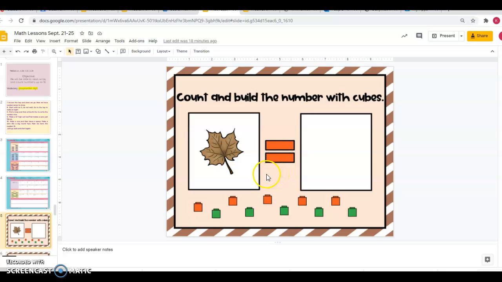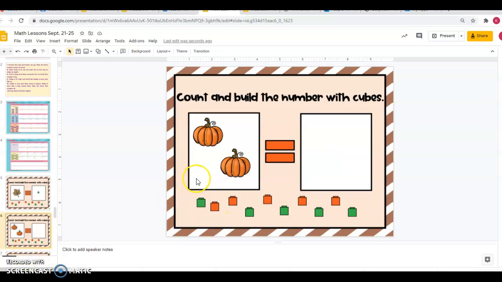So I'm going to pull the number of cubes down here that match this number of objects. I'm going to pull 1 cube. It does not matter what color. You just have to make sure it's got the little blue squares on the side. This is 1 leaf equals 1 cube.